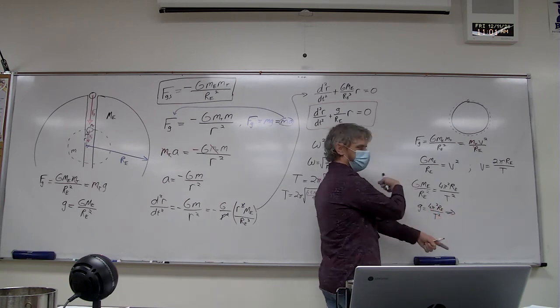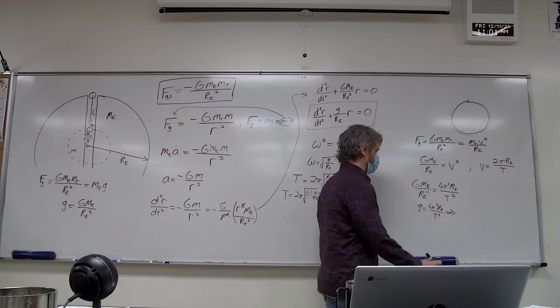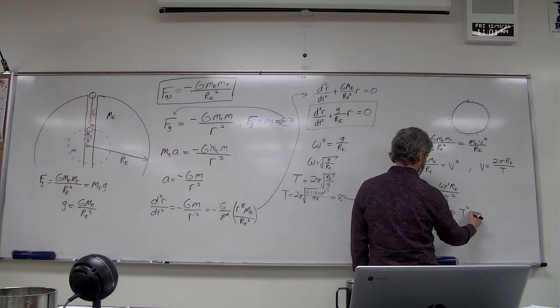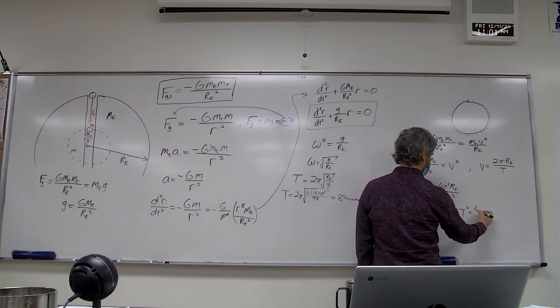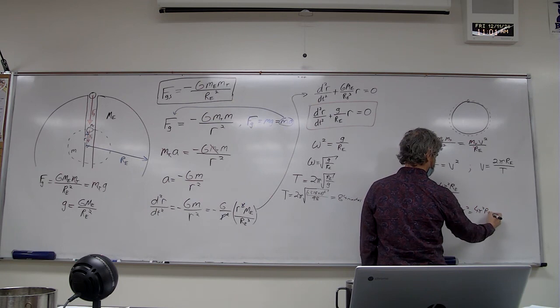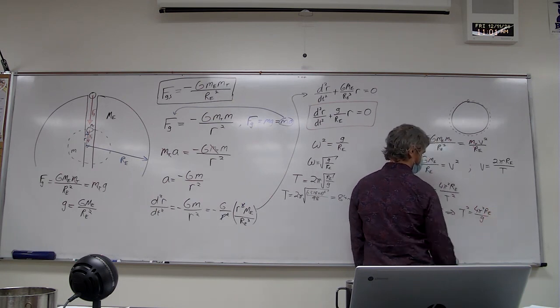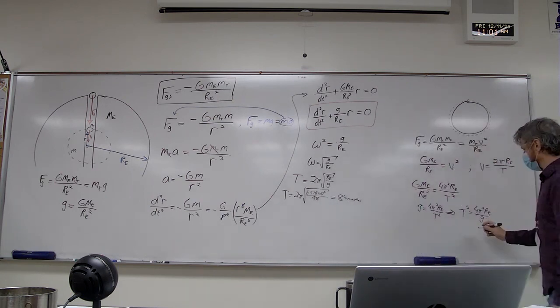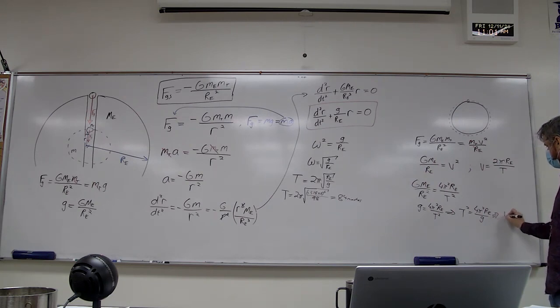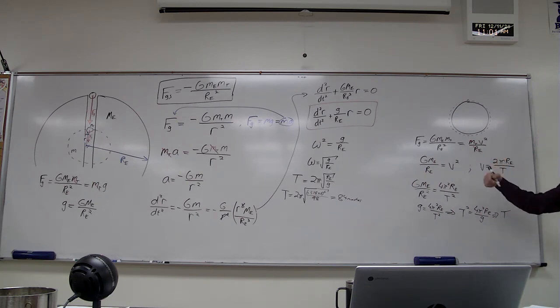I can flop the T squared and the g, so I get T squared equals 4 pi squared radius of the Earth over g. And I take the square root of both sides, and I get that the orbital period is 2 pi times the square root of the radius of the Earth over g.